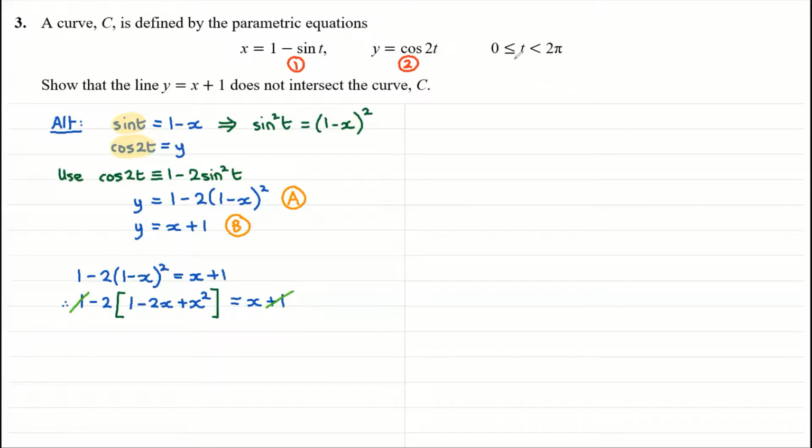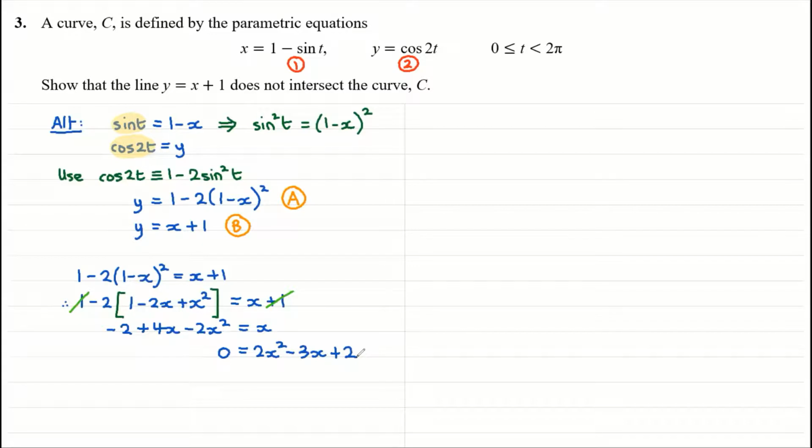So just multiply through by -2 now. So we've got -2 plus 4x subtract 2x squared is going to be equal to x. Once again, I'm going to put everything on the right-hand side by adding 2x squared, subtracting 4x, and adding 2. So 0 is going to equal 2x squared, subtracting 4x, so it's going to be -3x, and then adding 2 is going to give me plus 2.